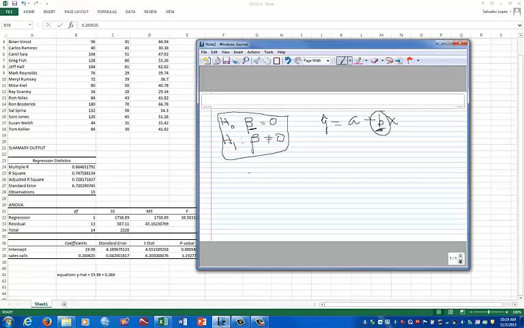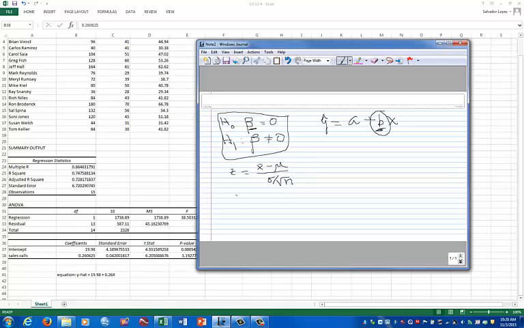Well, if you recall from a previous chapter, the z-value in the sampling distribution of x bar is calculated as x bar minus mu over sigma over the square root of n.